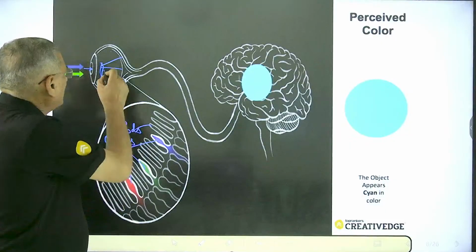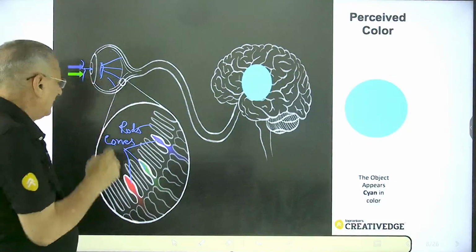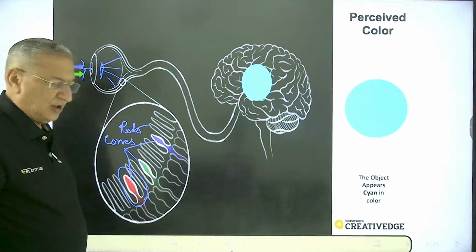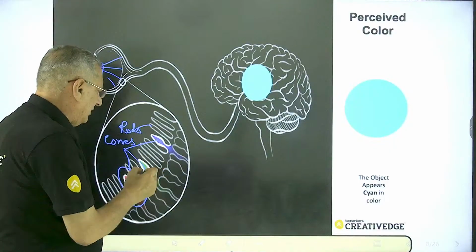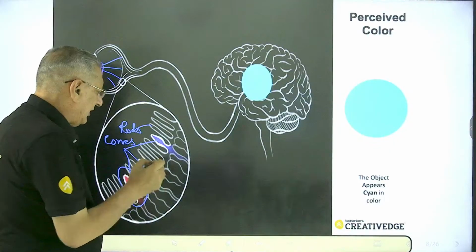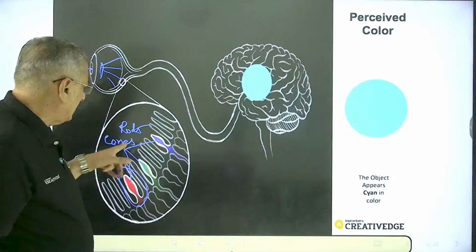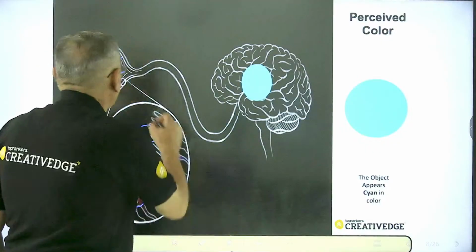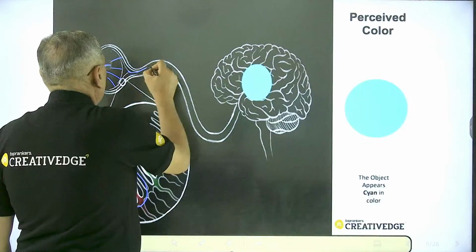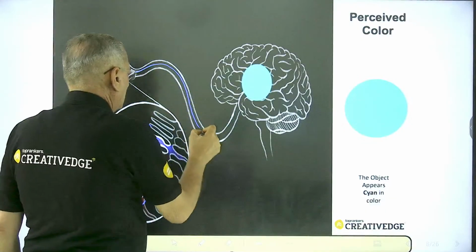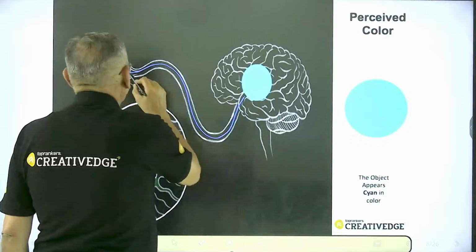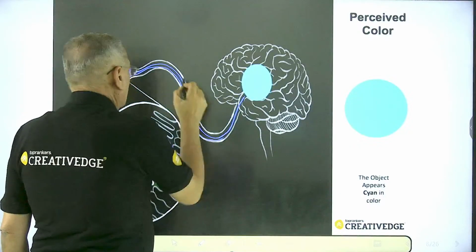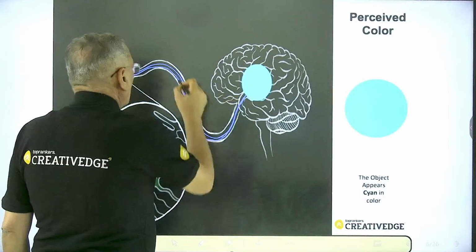Now, when we see this situation, what is happening? Red is not coming to the retina at all. Only the blue and green color, which activate the cones of respective colors. And this is conveyed to the brain through a nerve called the optic nerve.